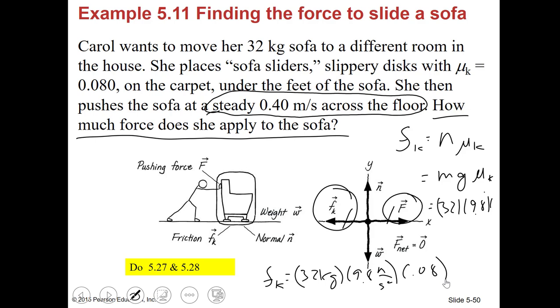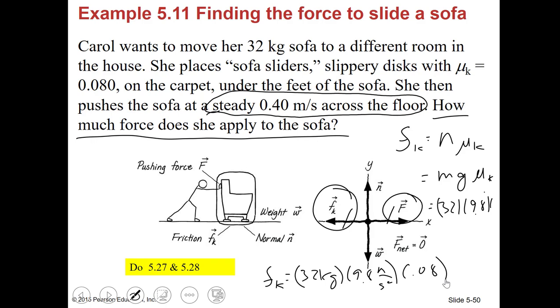Should be something around, let's just get an idea. 32 times about 10 would give us 320 times 0.08, which is about 0.1. So something around maybe 30 or so. Okay, but you put the numbers in, you come up with it. And again, note, it doesn't matter that it's 0.4 meters per second. Steady speed, the point that you get from that is that it's not accelerating.